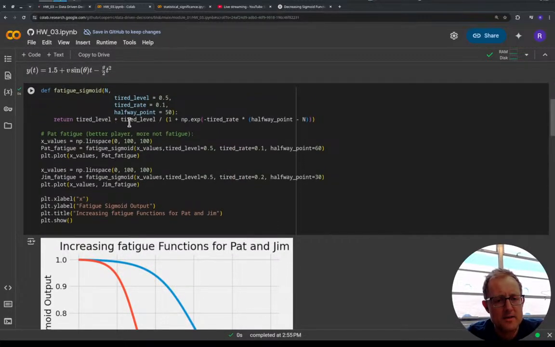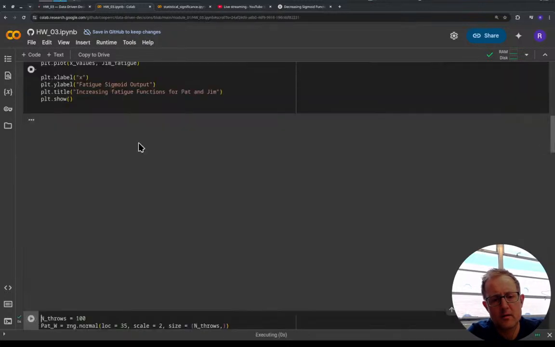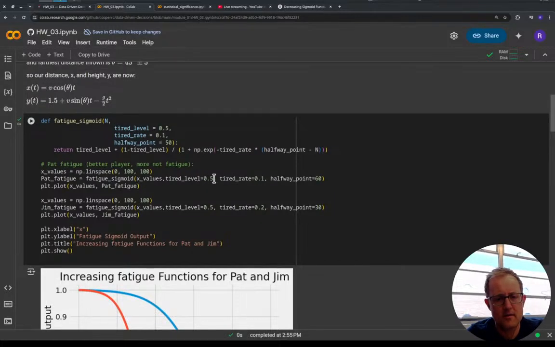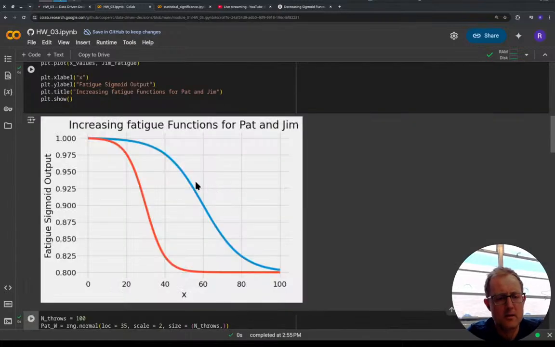Oh, I think because it was 50, maybe this should be 1 minus tired level. Like that. So that one shouldn't change at all. And now if I change this to 0.8 and 0.8, we go from 1 to 0.8. All right, that was the issue there.